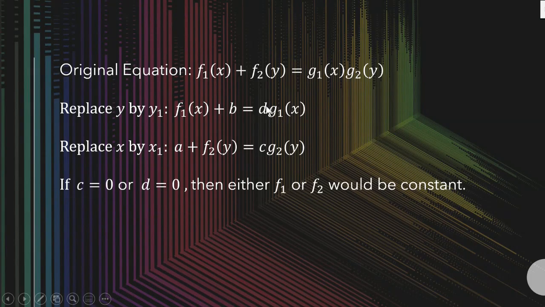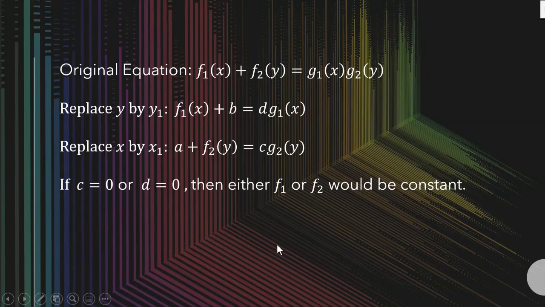Why? Because, for example, if d is 0, you can see that f1 of x plus b is 0, and therefore f1 of x is equal to negative b, so it's a constant. And the same thing happens when c is 0. If c is 0, then a plus f sub 2 of y is going to be equal to 0, so f sub 2 of y is going to be equal to negative a, so it's going to be a constant.